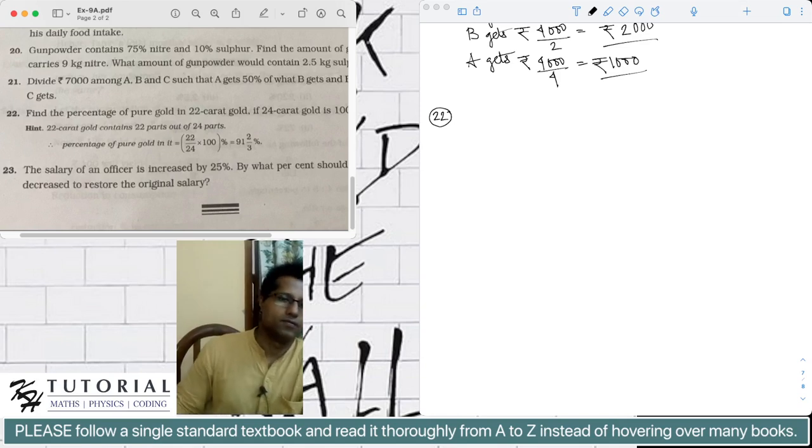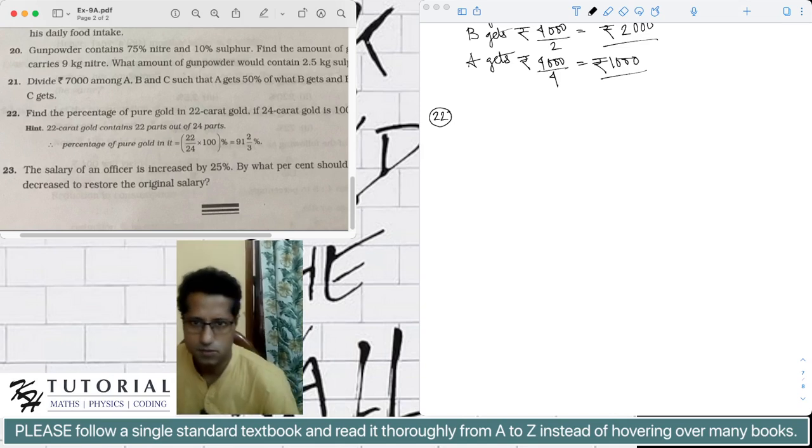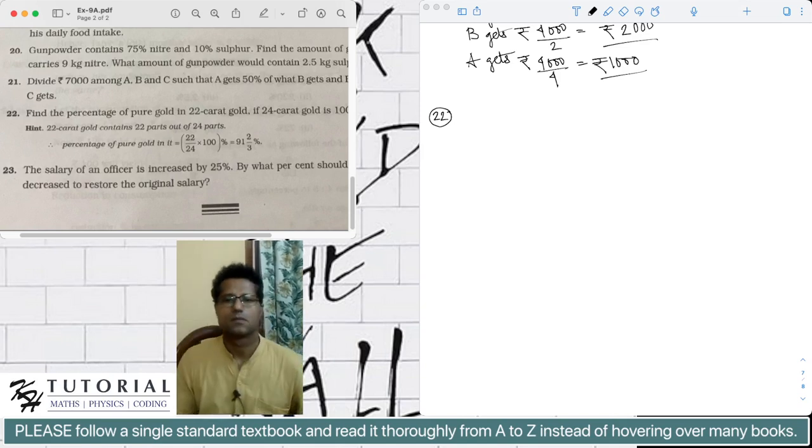Find the percentage of pure gold in 22 karat gold.